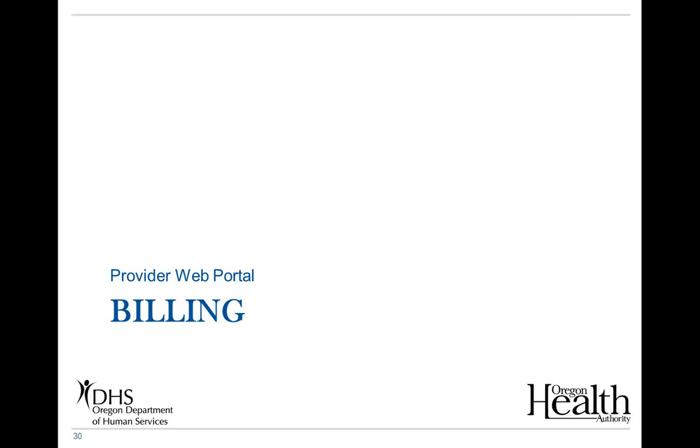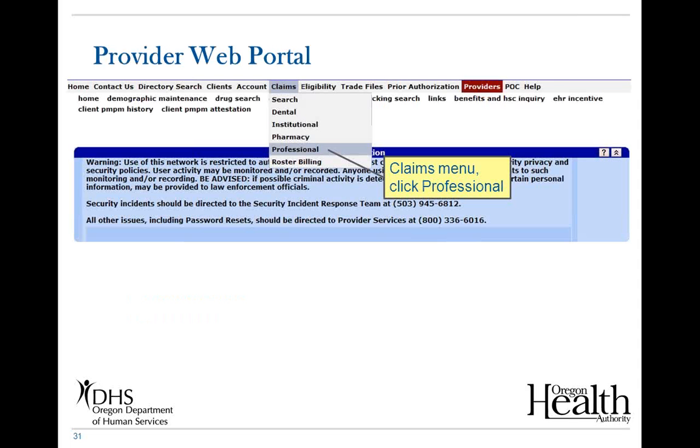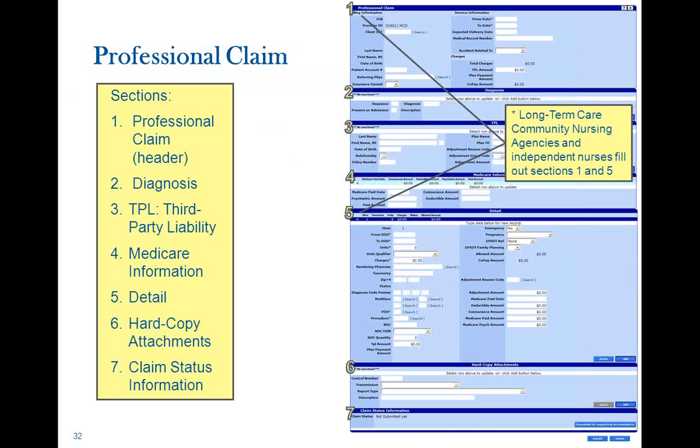And that brings us to billing. So again, we're beginning on the provider web portal. Here's our home page here. On the claims menu, you would select professional. That will take you to a blank professional claim form. So this is what the whole claim form looks like.